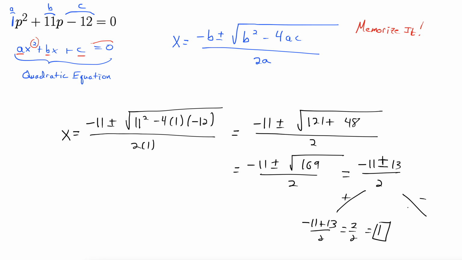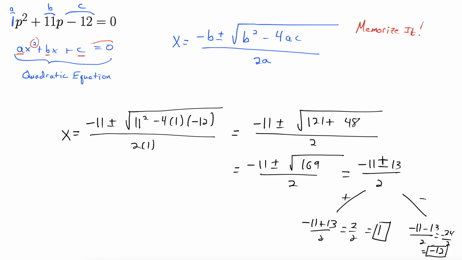And minus 13, so that'll be negative 11 minus 13 over 2. That's negative 24 over 2, which is negative 12. So our answers to this are 1 and negative 12.